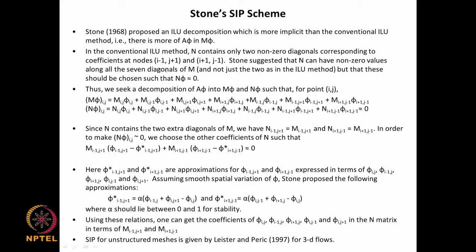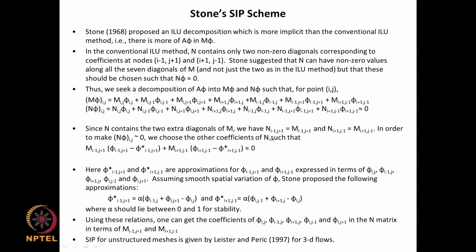The effect of these should be such that they cancel out the effect of the other diagonals which are there in this. So if you choose the coefficients of m and n in such a way that this can happen, then since m is equal to A minus n, and if n phi is close to 0, then we can have m close to A. So that is the idea here.